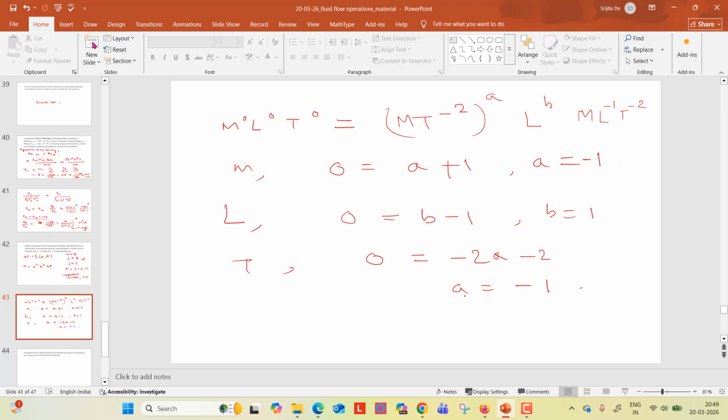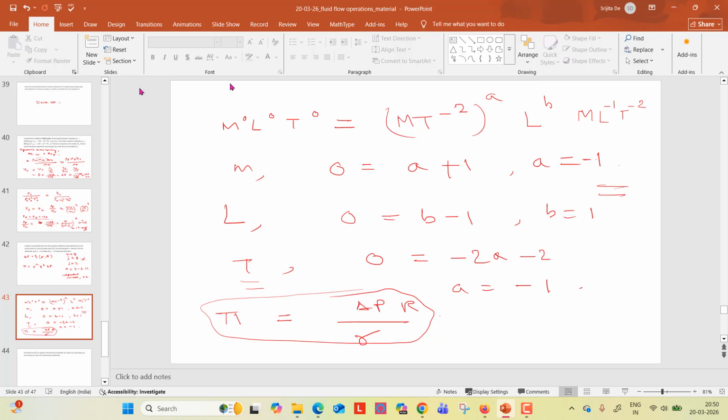Which is coming already. So I've got a and b, you need not do T, just to cross check you can do. So the dimensionless number pi is delta p, right, sigma to the power minus 1, and it will be r. So this is your non-dimensional number from Buckingham pi theorem, right?